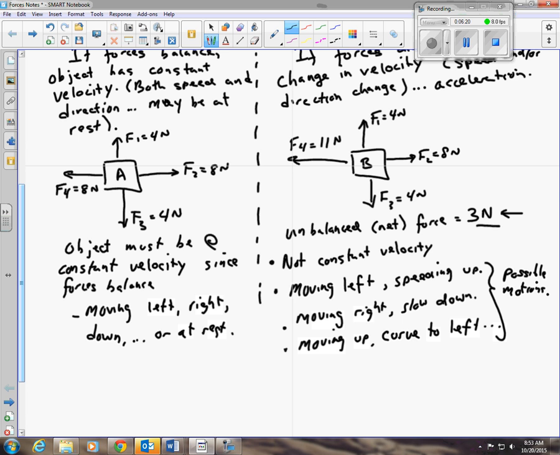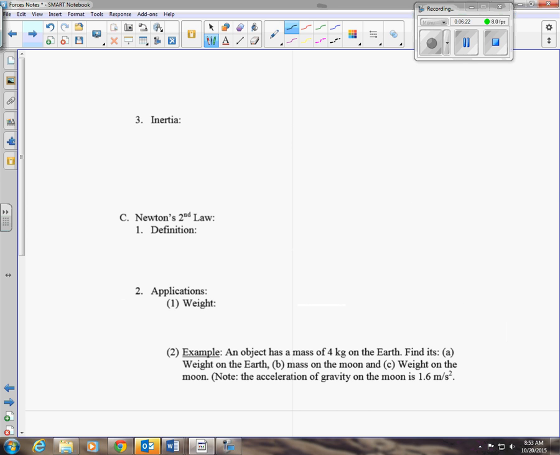So, top of the next page, and we're going to mention something called inertia. All right, so I'm going to pick two things. I'm going to have a little Volkswagen Beetle. Even if I put a force on it, it's an unbalanced force, so what's going to happen? It will accelerate.